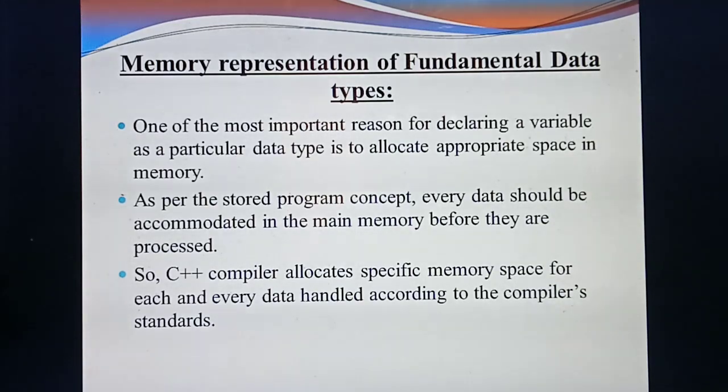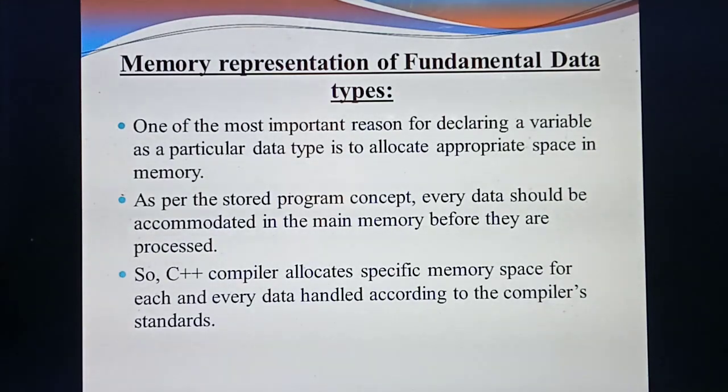Once you have declared the variable, the compiler will immediately provide some space for the variable. For example, say you are going to add two numbers, A and B. How many numbers are you adding? Two. So how many variables should you name? Two variables. What are they?